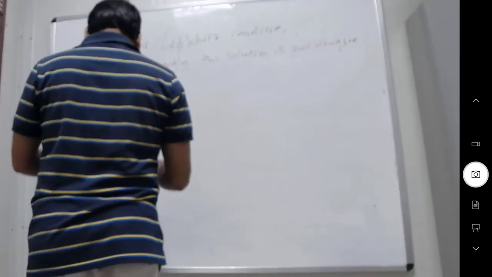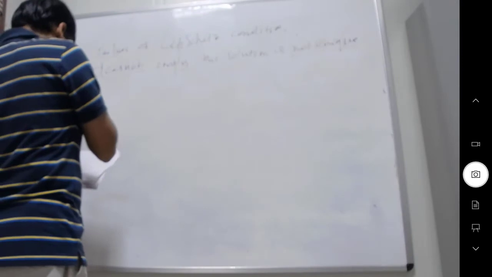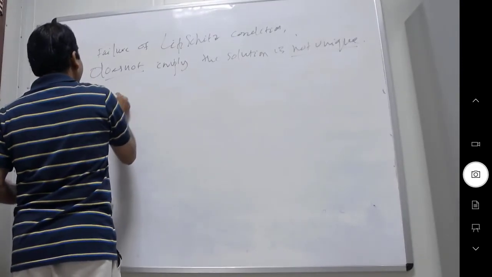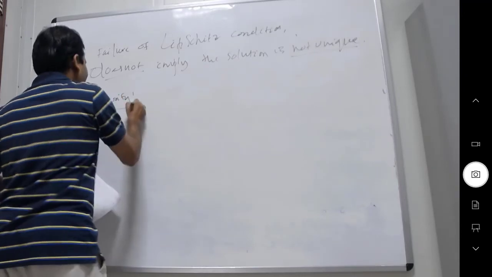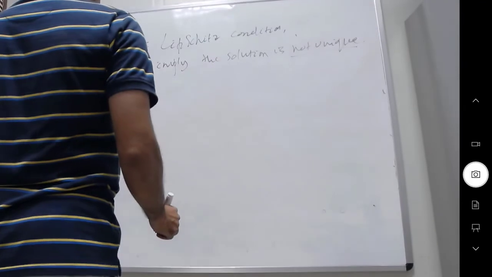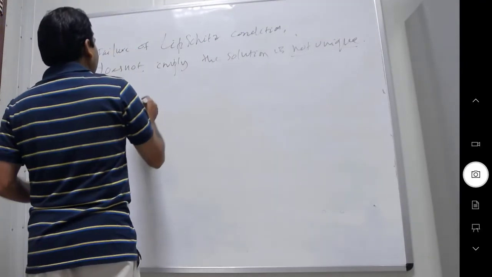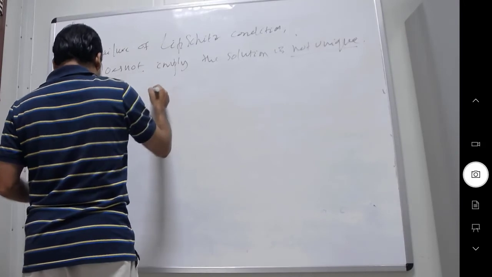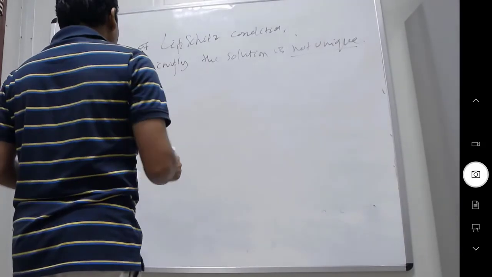So you can test that. Otherwise, I will do that in tomorrow's class. You can verify that, and you can verify what you have to do further. So other considerations have to be used to examine the uniqueness, right?